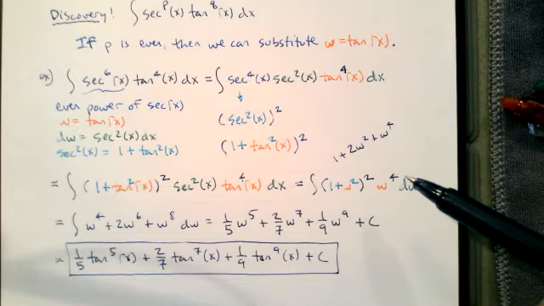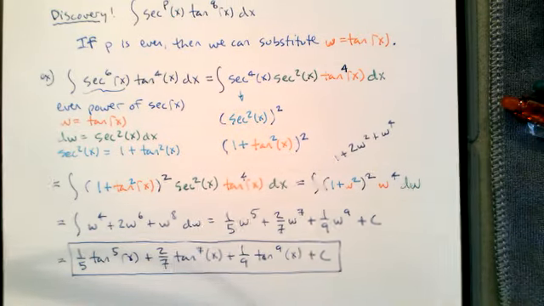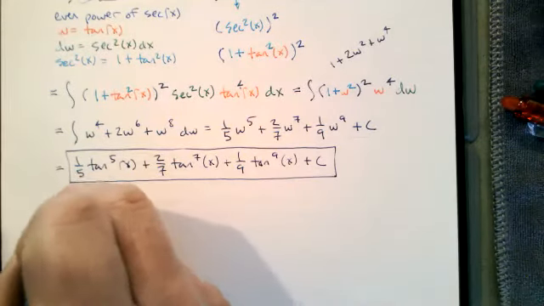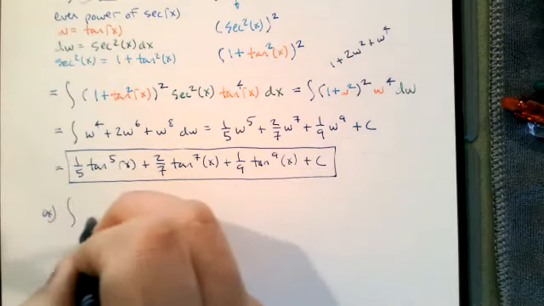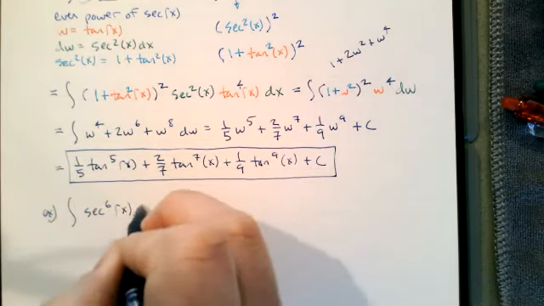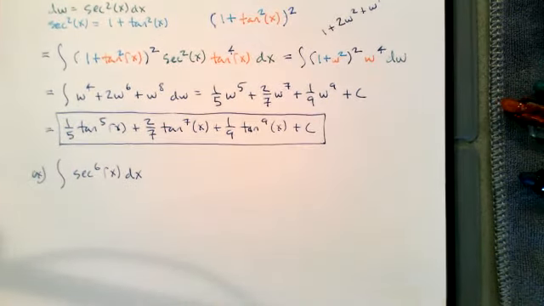It would even work if we don't have tangent at all, which is the weird case. The only requirement is even. So if we wanted to integrate, for example, just secant to the 6th x dx, this is the weird one. It's a power of secants and tangents. And the substitution that we're going to make is w equals tangent x. We have an even power of secant.